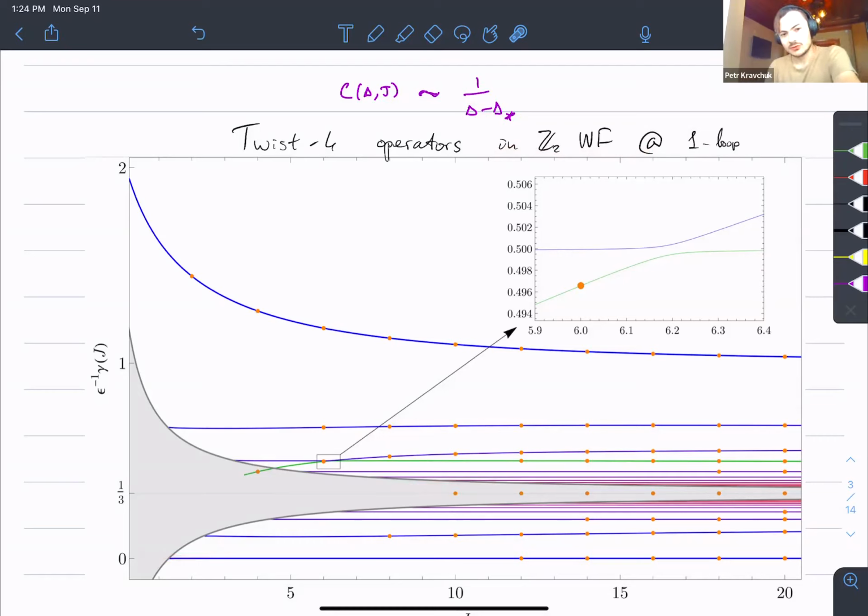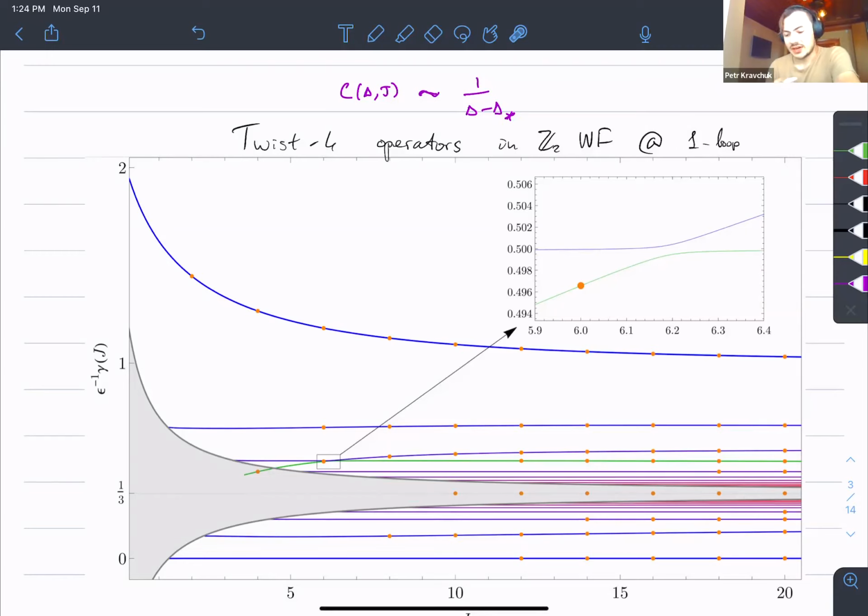Then we go to one loop and do renormalization and get a dilatation operator which acts on these Light-ray operators. Unlike with local operators, at every spin there is an infinite-dimensional space of Light-ray operators. If you were able to erase this gray region and look at what happens underneath, you would see that the trajectories accumulate near 1/3.